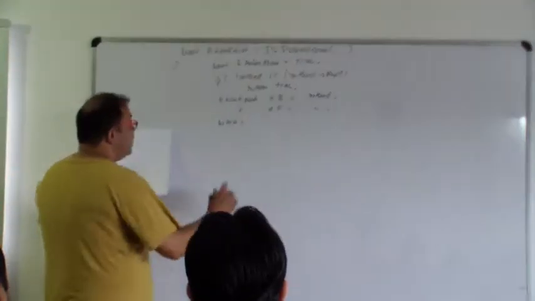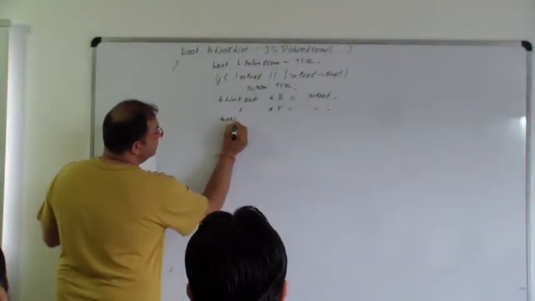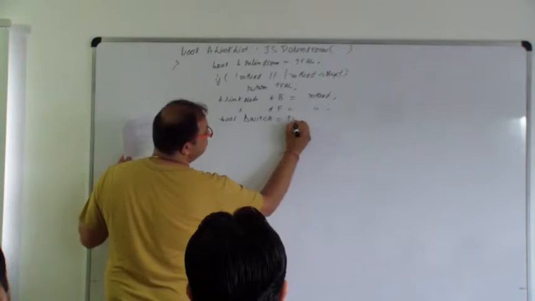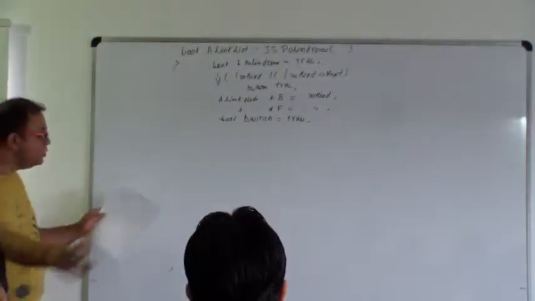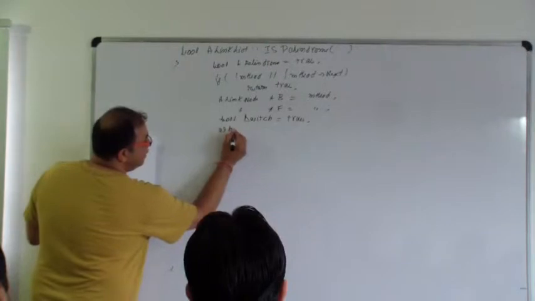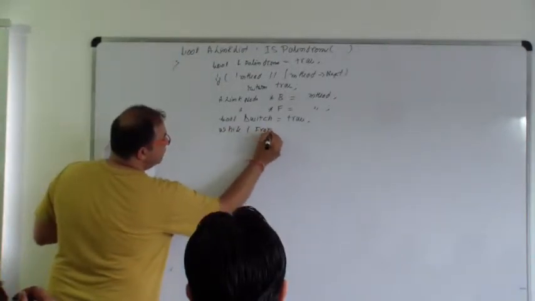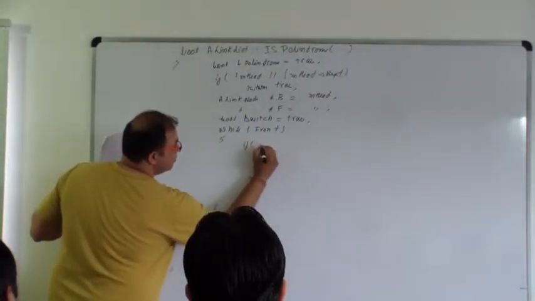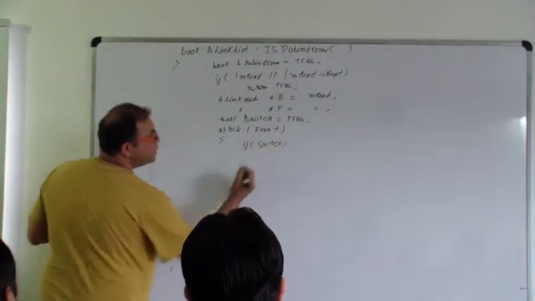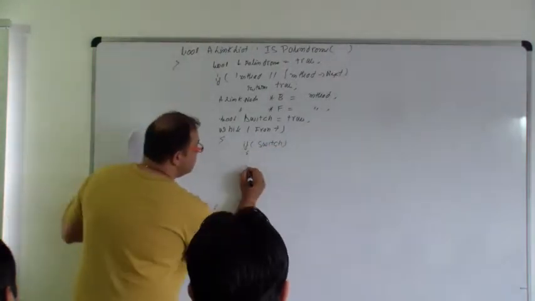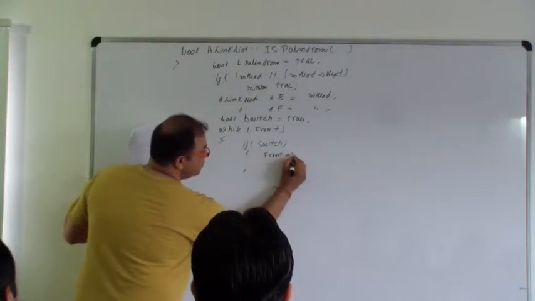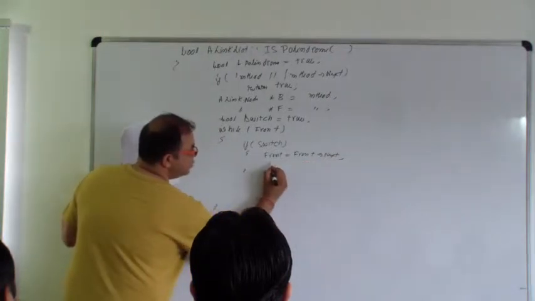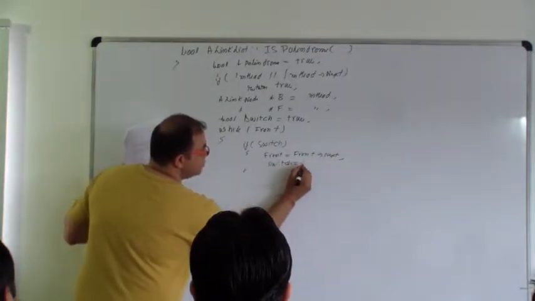Okay. We will take boolean switch is equal to true or false, whatever. You'll see why I'm using this. I'll say while front exists, if switch is true, then we will move front is equal to front arrow next, and switch is equal to false.